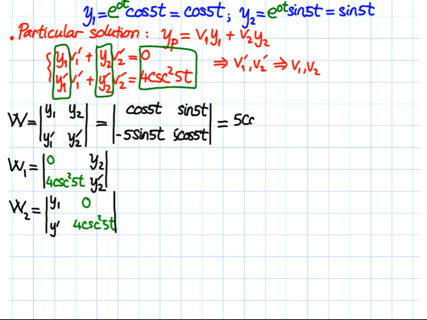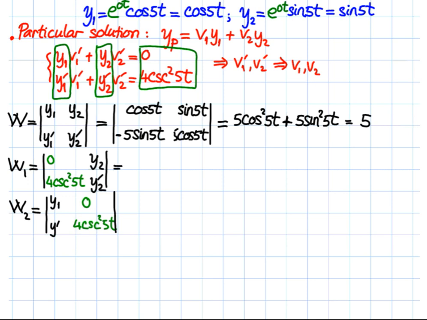We have 5 cosine squared of 5t, plus 5 sine squared of 5t, because on the other diagonal we have to subtract, so subtracting a negative turns into a plus. And cosine squared plus sine squared is 1, so that will be just 5. Right.